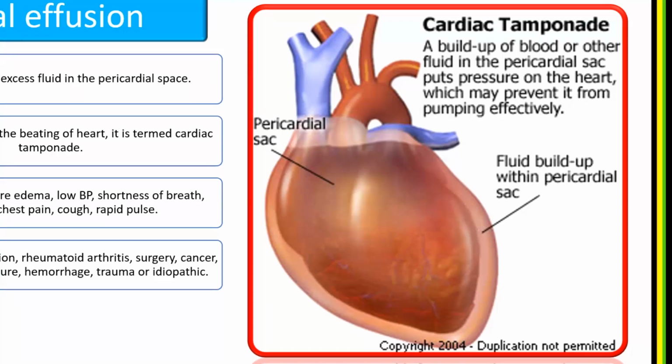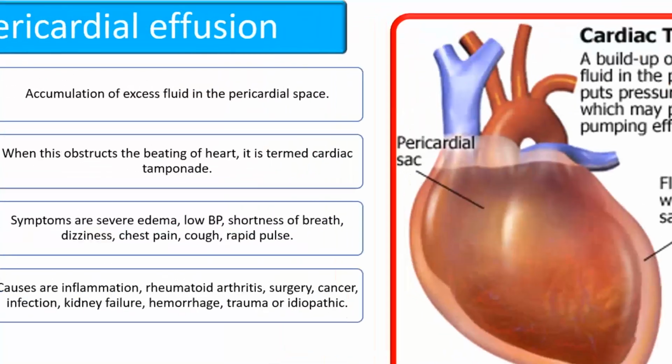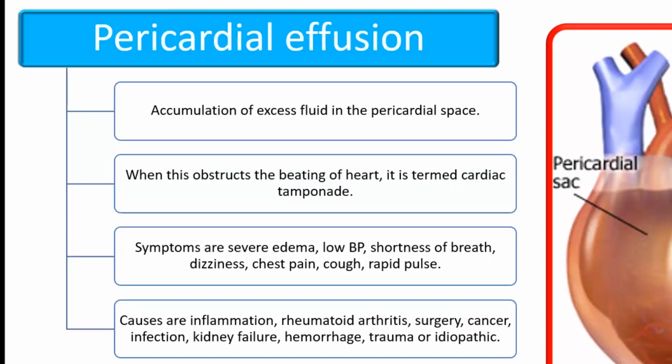Now it goes with a number of symptoms, and they are severe edema, low blood pressure, shortness of breath, dizziness, chest pain, cough, and rapid pulse. Now the causes could range from inflammation, rheumatoid arthritis, previous surgeries, cancer, infection, kidney failure, hemorrhage, trauma, or sometimes the cause can be idiopathic.